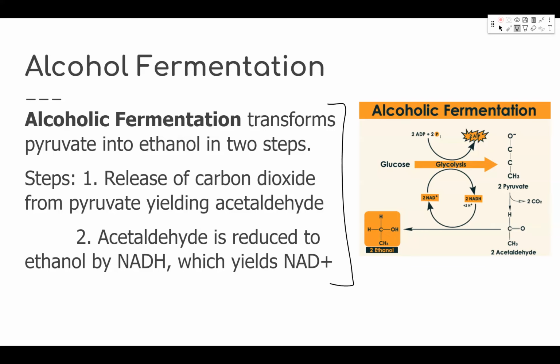So alcoholic fermentation transforms pyruvate, or our end product of glycolysis, into ethanol with a two-step process. We are going to release a carbon dioxide from pyruvate, and that will get us to a substance called acetaldehyde.